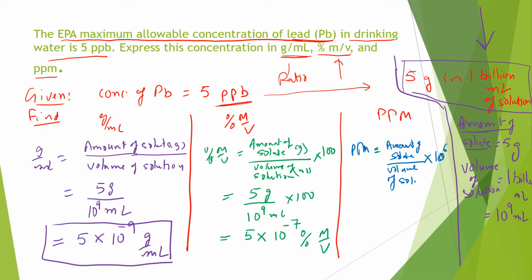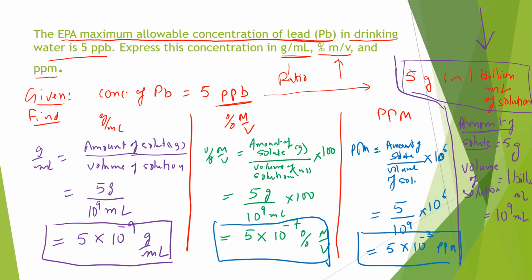So ppm will be: amount of solute is 5 divided by volume 10 to the 9 multiplied by 10 to the 6. So this will be 5 times 10 to the negative 3 ppm. So that's how we can calculate concentration in any of these different units.